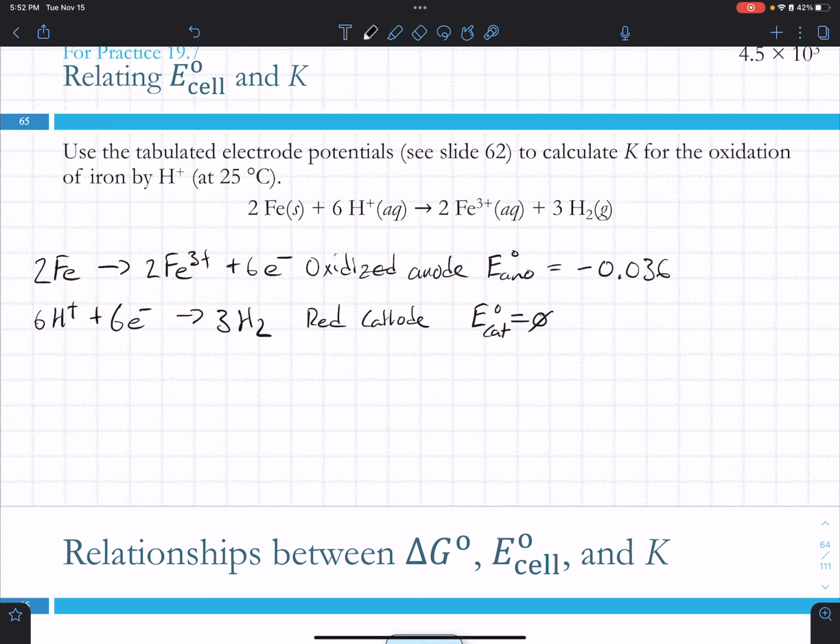And so it's going to be cathode minus anode. So 0 minus a negative 0.036. So E cell is equal to a positive 0.036.